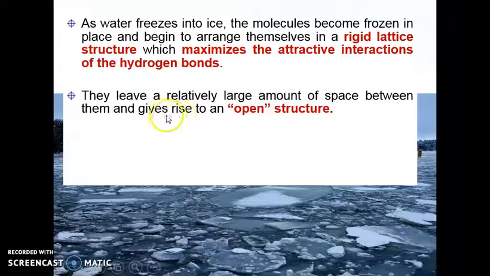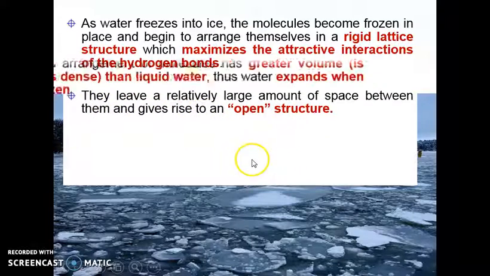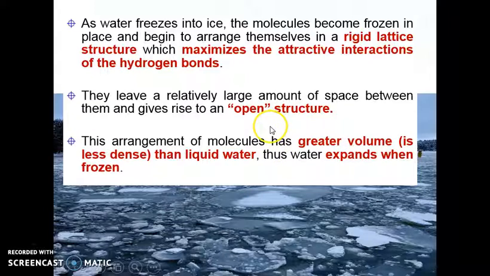So it will give rise to an open structure. We will see the structure of the ice after this. This arrangement of molecules has greater volume, which means it is less dense than liquid water, thus water expands when frozen.